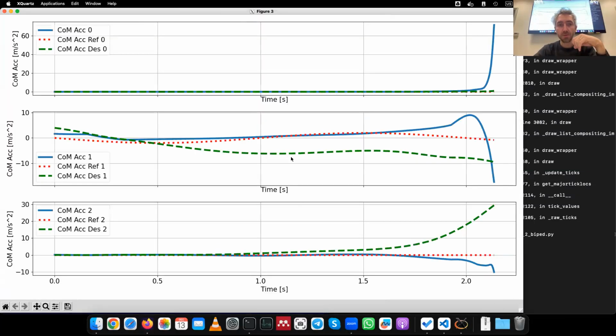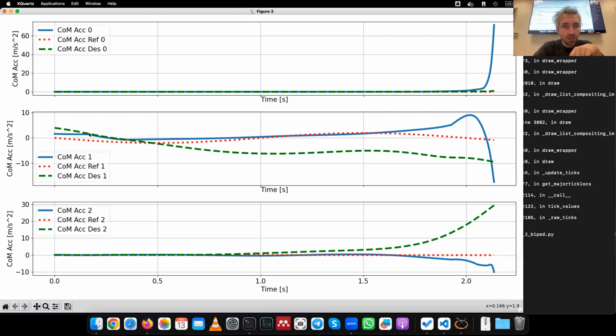And the divergence comes from the fact that we are not able to deliver the acceleration that we are asking for. So the reference acceleration is the red one, but that's just basically a sinusoid. The desired acceleration is the green one.